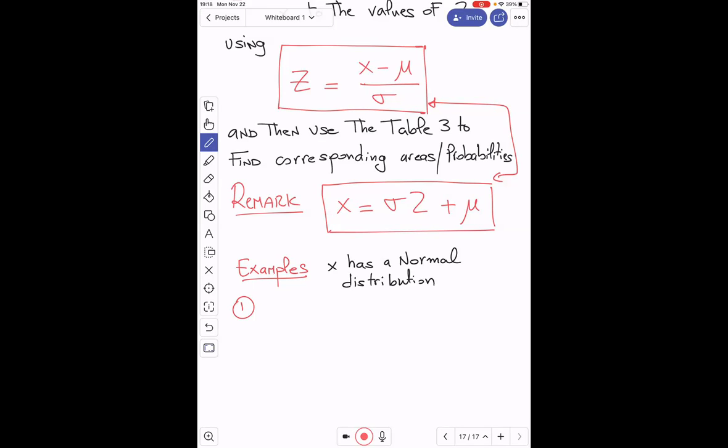And let's say you want to find the probability that x is larger than 90, and you know that the mean is 100 and sigma is 15.